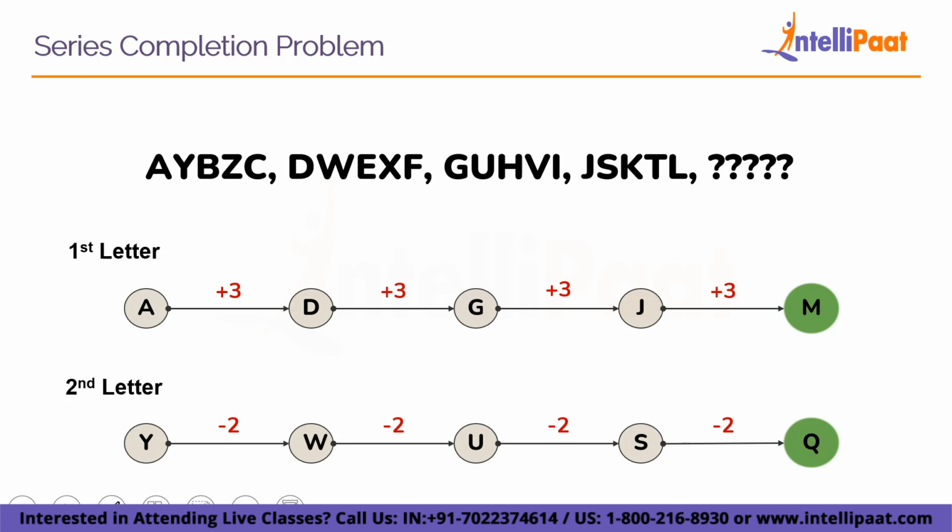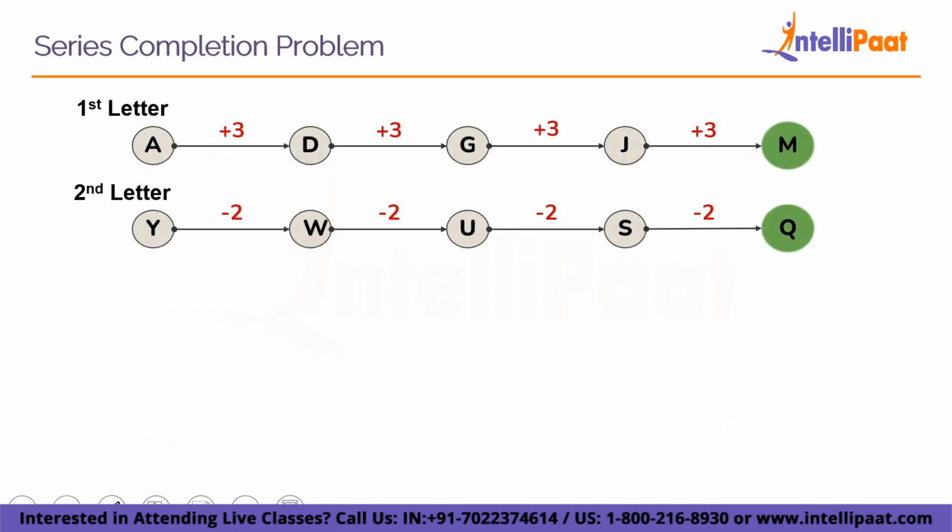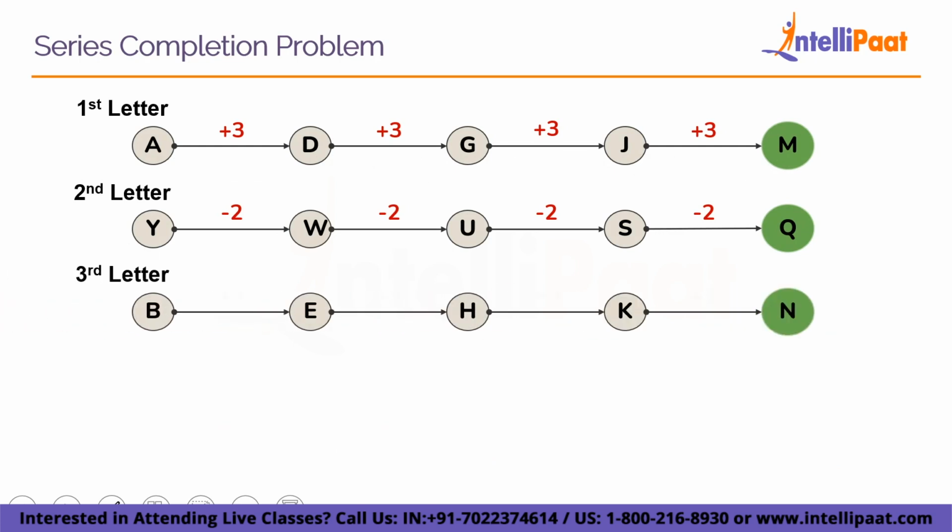So this is the approach for the second letter, and in a similar way we approach the third letter, and for the third letter the approach is the same as for the first letter.